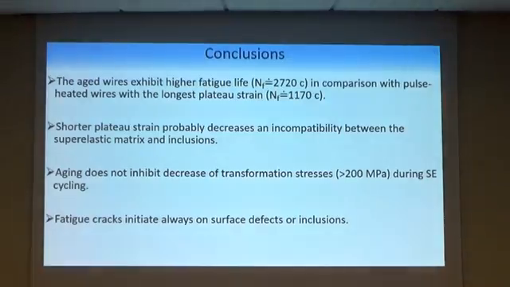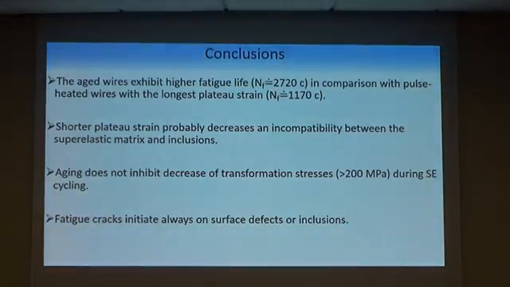To conclude, aged precipitation hardened wires with shorter transformation strain show better fatigue life in comparison with pulse heated wires with the longest transformation strain. Shorter plateau strain probably decreases the incompatibility between the superelastic matrix and inclusions.